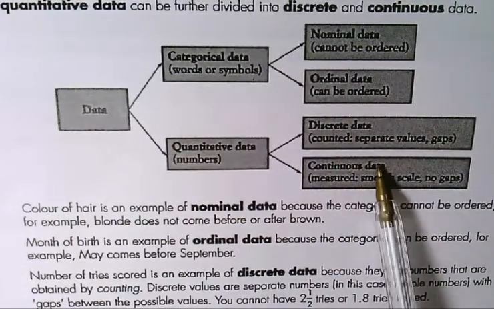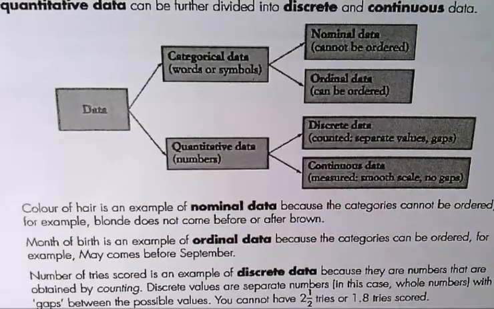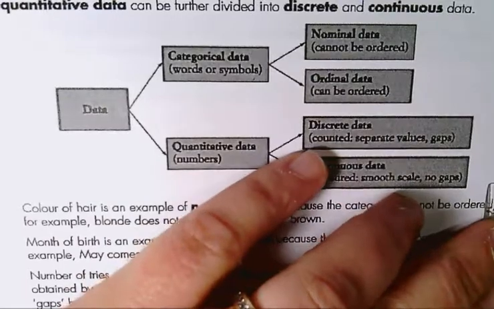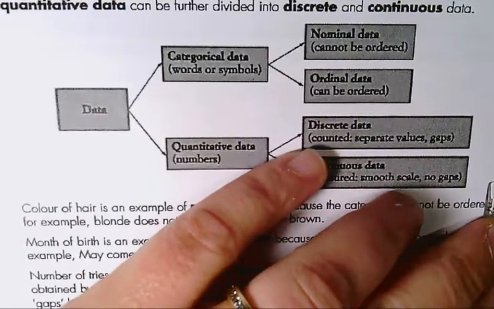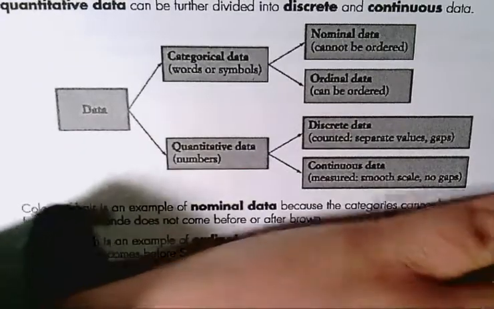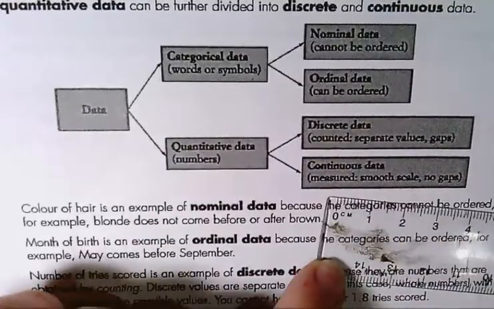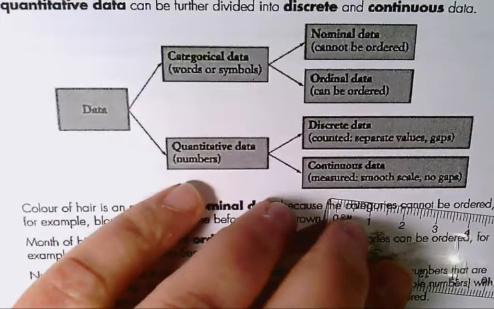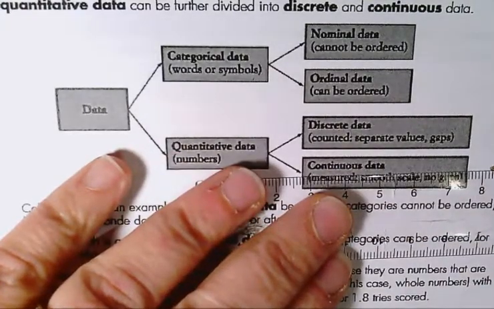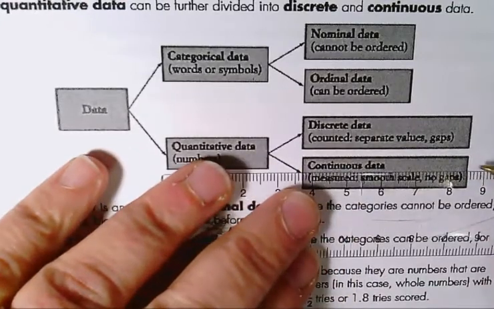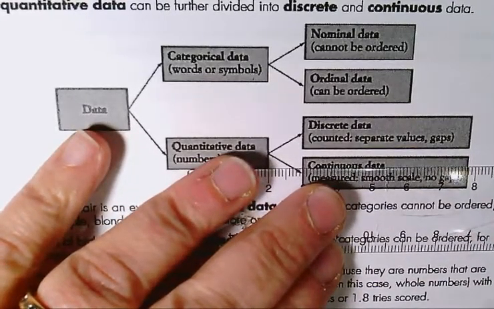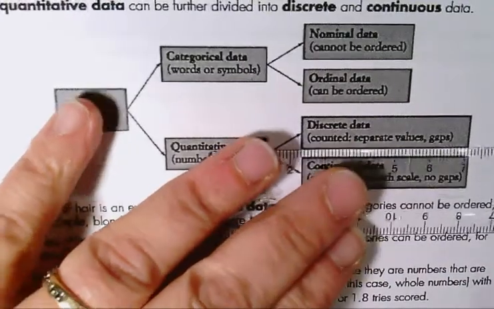But continuous data is different. You have to measure it on a scale. I might say, how long is your finger, and you might measure the length of your baby finger or whatever. You might say, I can't decide, is it 8.2 or 8.3, for example, because it's measured on a continuous scale and you have to decide what your measurement might be.